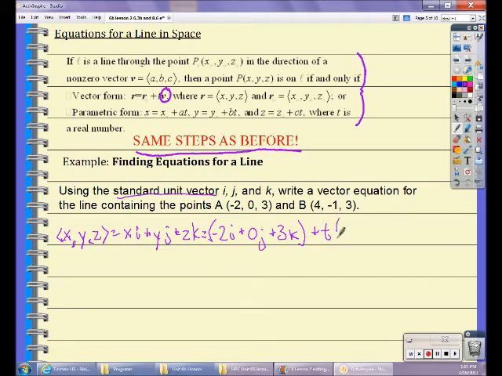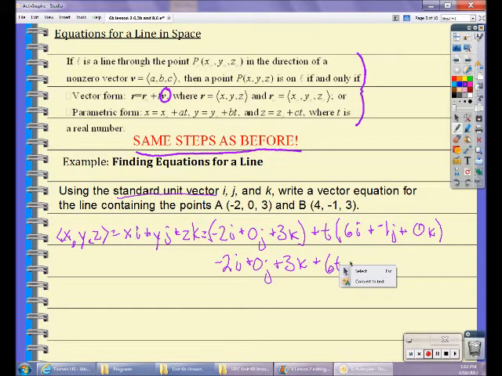Add t times head minus tail, 4 minus negative 2 is 6, i vectors, plus negative 1 minus 0, negative 1 j vectors, plus 3 minus 3 is 0 k vectors.